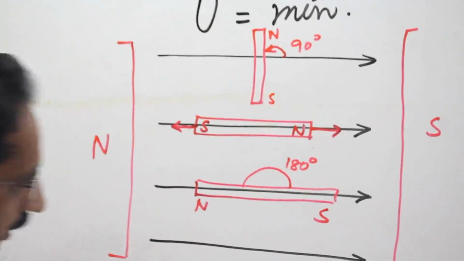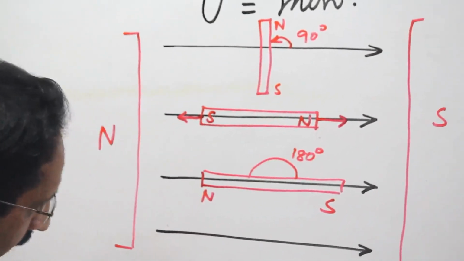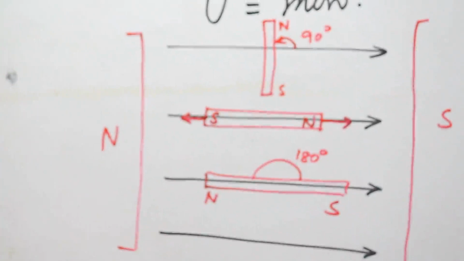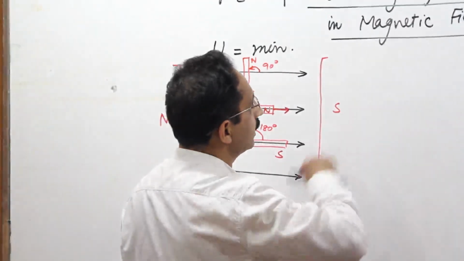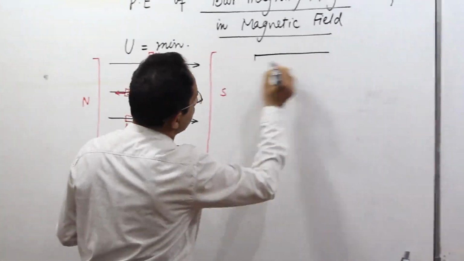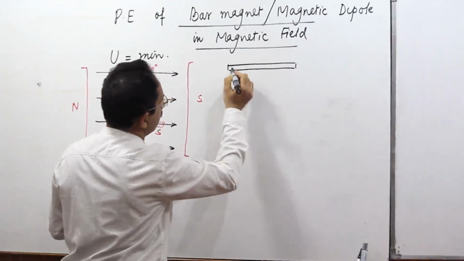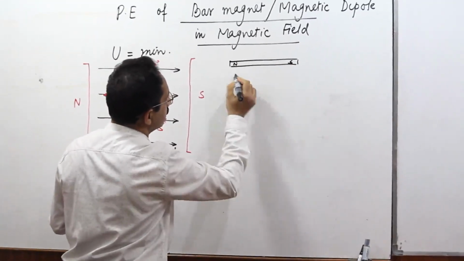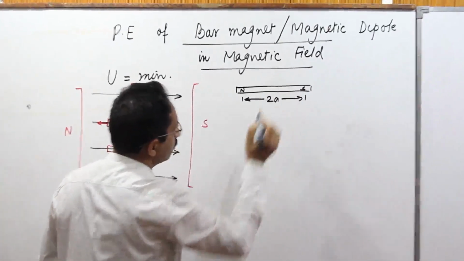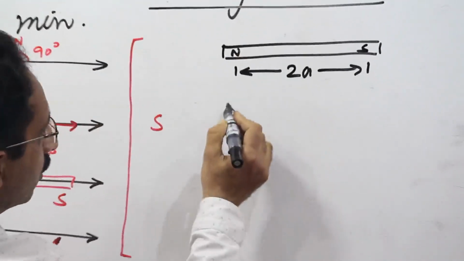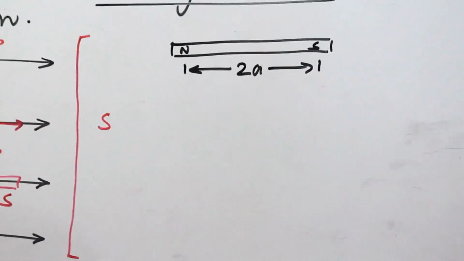Next, you will remember that when we describe a magnetic dipole and a bar magnet, there is a quantity called the magnetic dipole moment. What is magnetic dipole moment? Magnetic dipole moment is that if this is the magnetic length of a bar magnet called 2a, then one of the poles has a pole strength qm.